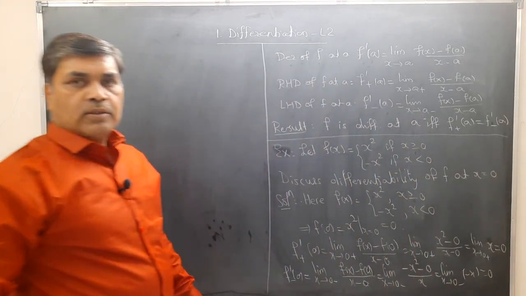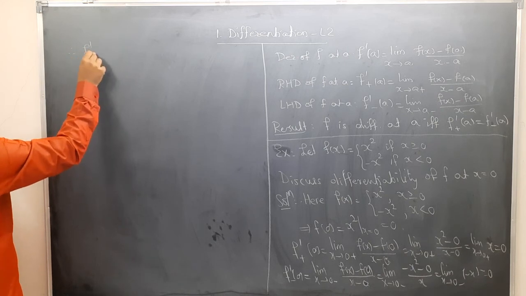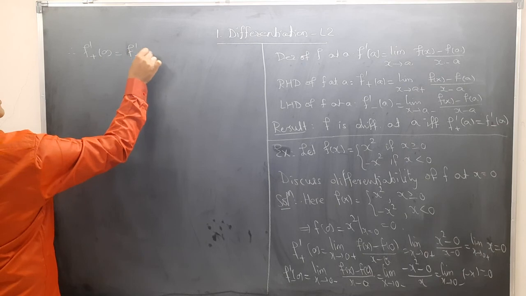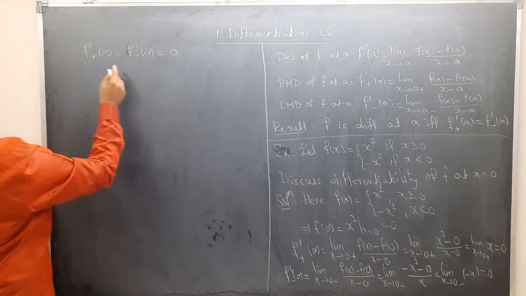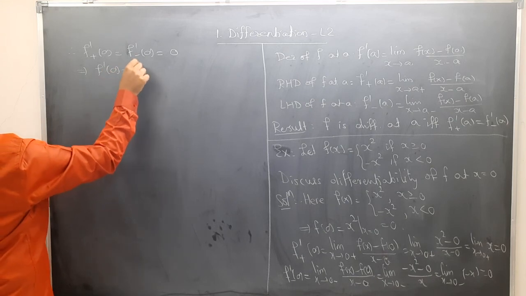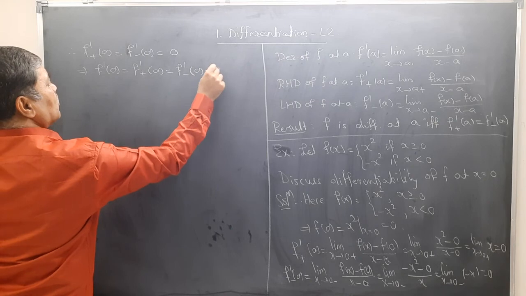Okay, therefore f dash of plus 0 is the same as f dash minus 0, which is 0, and this implies f dash 0 is equal to f dash plus 0 is equal to f dash minus 0, which is 0.